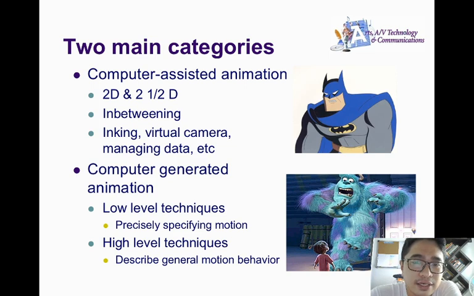There are processes like inking, using virtual camera, managing data, etc. But the very concept of differentiation about 2D and 3D is that in 2D you have to really know how to at least draw, but it doesn't really matter if you're really a good artist or not.